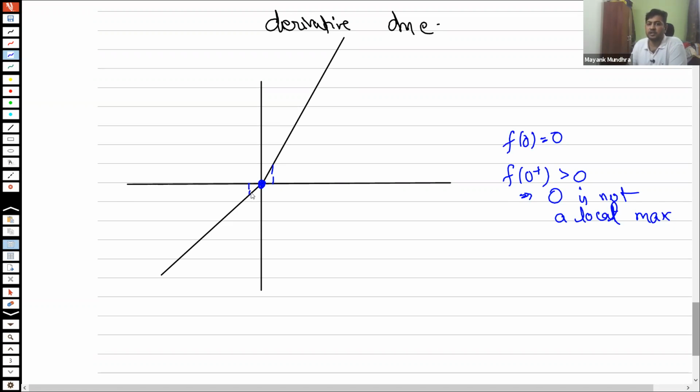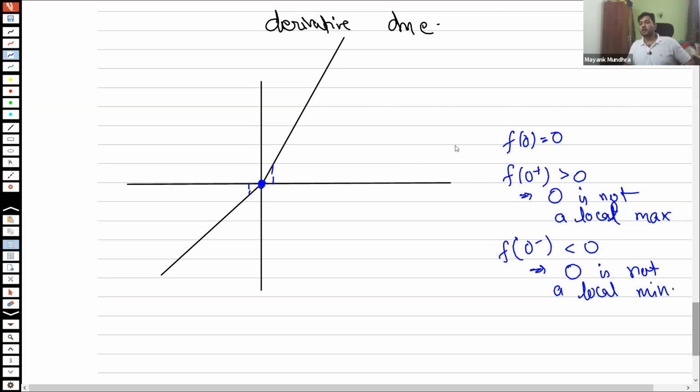Similarly, any point to the left of 0 has negative f, which implies 0 is not a local minimum. Now it's obviously clear from the graph that 0 is neither a maxima nor a minimum. But the idea that I am trying to generate here helps us in questions which are more complicated than just this one.